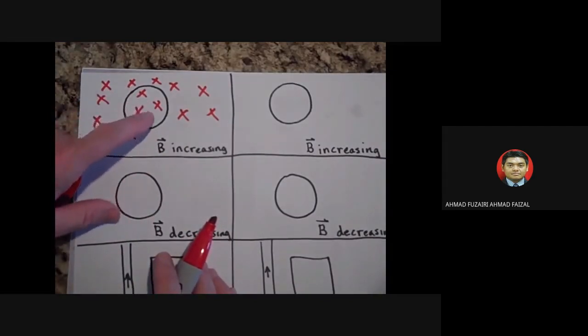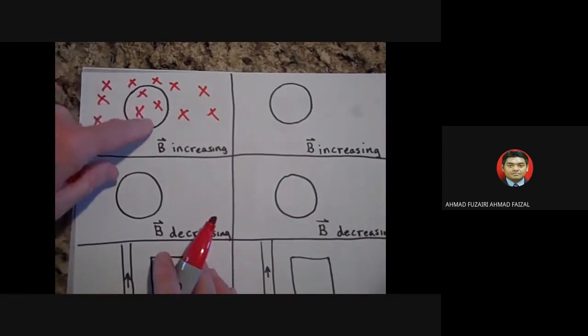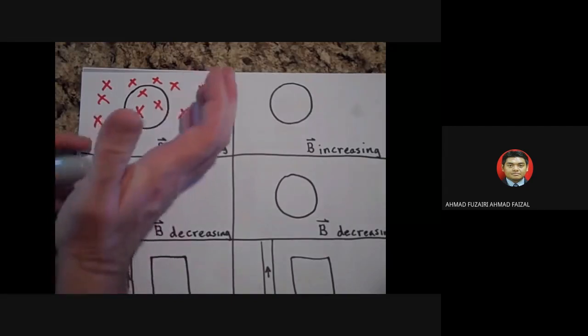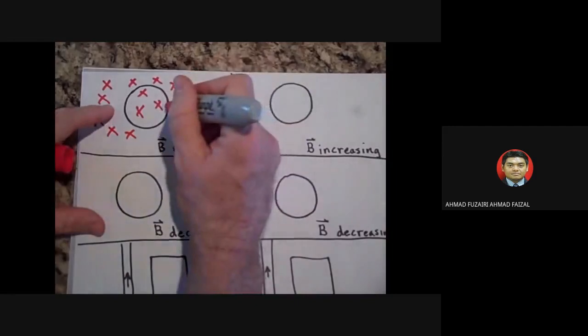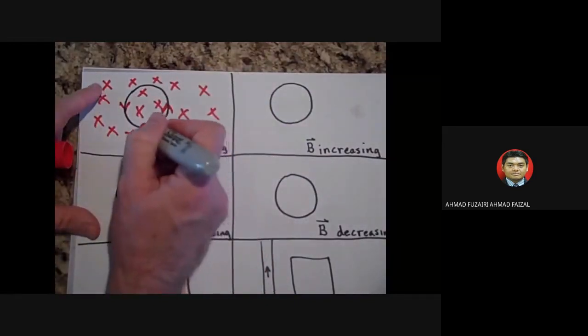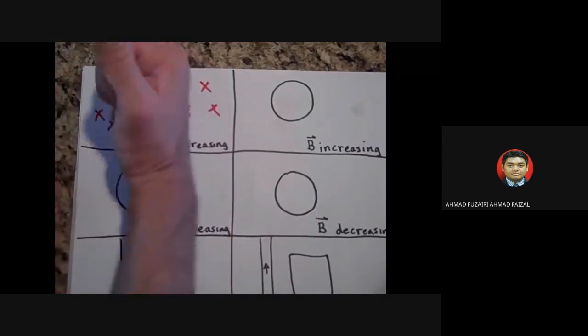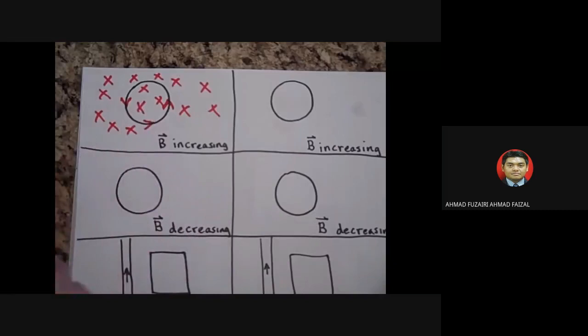It doesn't care about the outside ones, but the inside ones, it's going to try and stop them from increasing by making its own field that is dots. The field's going in, so it's going to try and make its own field out. To make its own field out, that means the current is going to go this way. That's the direction of the current. That will give you a field out that will try and slow this field from increasing.